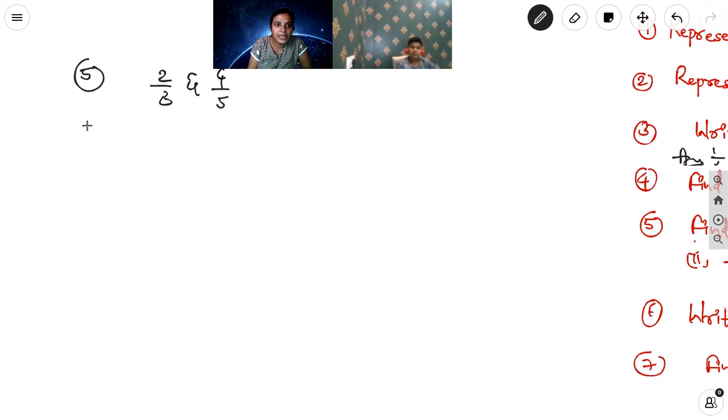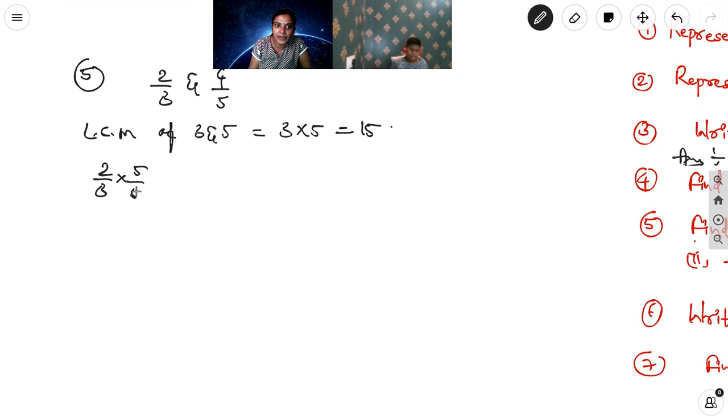LCM of 3 and 5: both are prime numbers, so 3 fives are 15. Next, change into like fractions. 2 by 3 into 5 by 5 equal to 10 by 15, and 4 by 5 into 3 by 3 equal to 12 by 15.